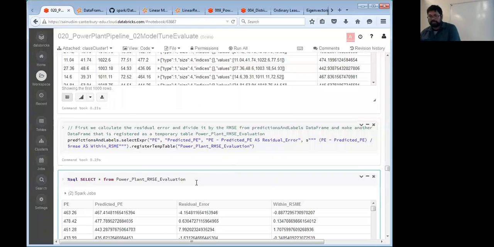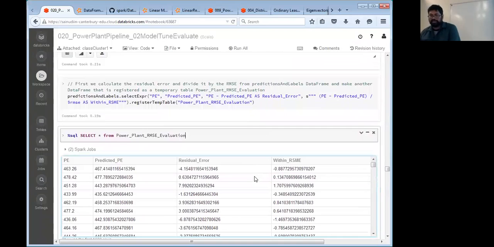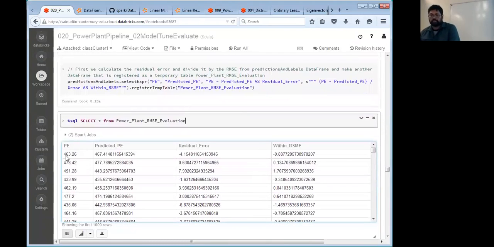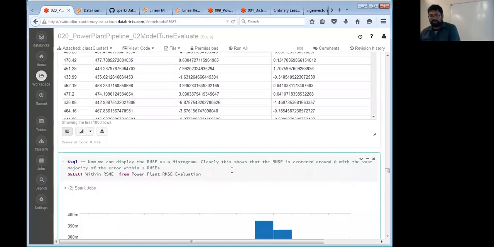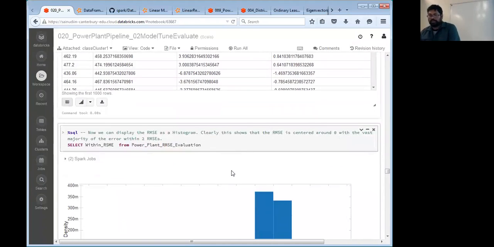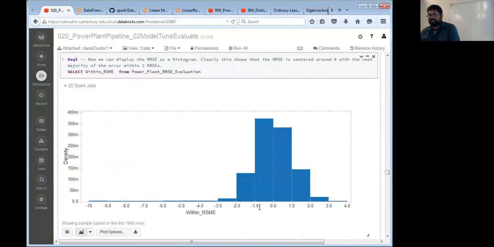Now if we just select and display, we can see what the actual output is, what the predicted output is, what the residual error is, and what the within-RMSE value is. Once again, you can ask, what is the distribution of within RMSE? And here it is, it's centered at 0, and it looks pretty tight.